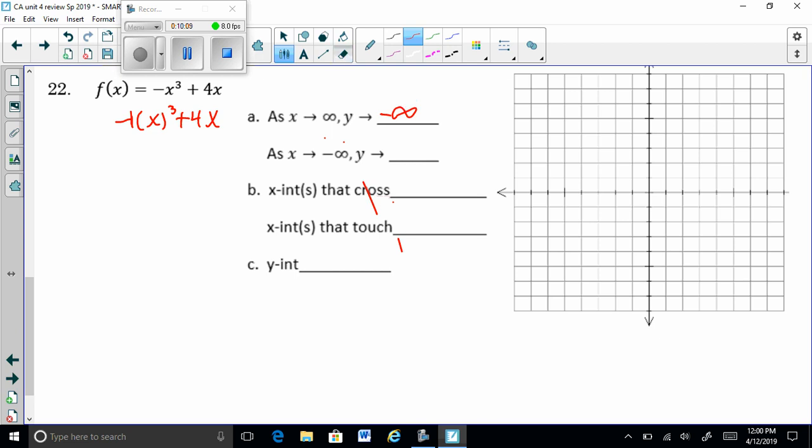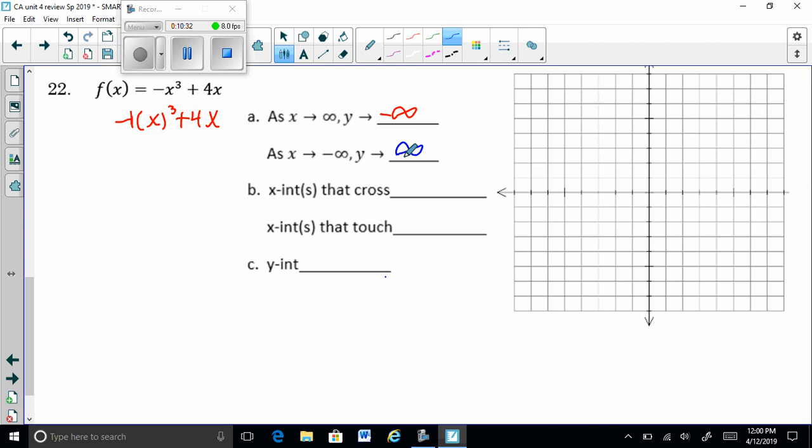And then when you plug in negative infinity, you do get negative infinity in return, but then it gets multiplied by the -1. So this actually flips back to being positive infinity. Okay, so you plug in a negative to the third, it's negative. But then it gets multiplied by -1, so it goes back to being positive right there.